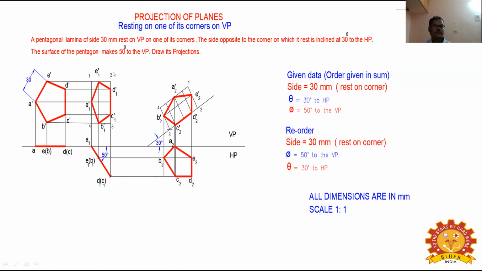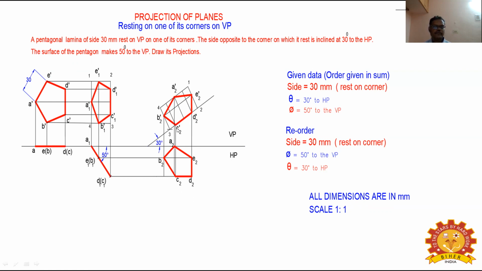The corresponding intersection points mark as A1 dash, B1 dash, C1 dash, D1 dash, and E1 dash. Therefore, you get a smaller pentagon. This pentagon is inclined 30 degree to HP, therefore the side is given as 30 degree to HP.